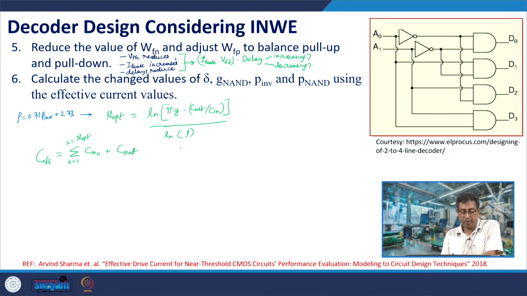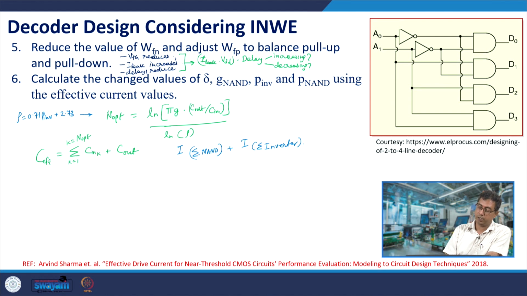If you have n optimum number of stages, the leakage power would be given by the sum of all the NAND gates into the leakage current of NAND gate plus the sum of leakage currents of all the inverters.